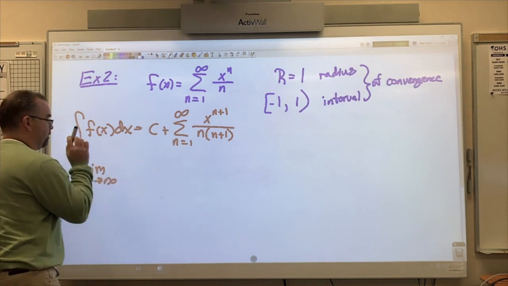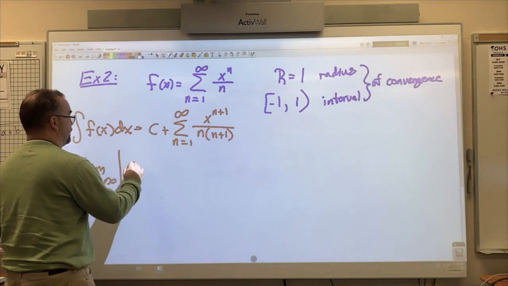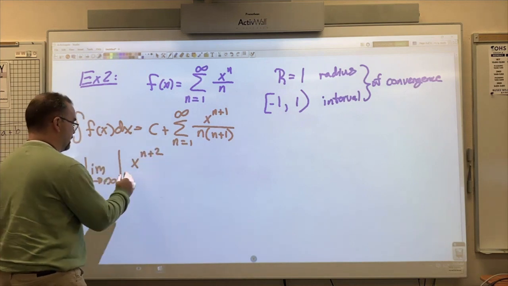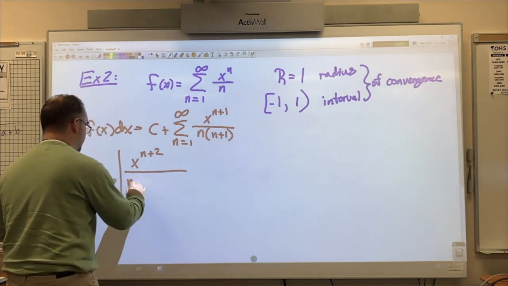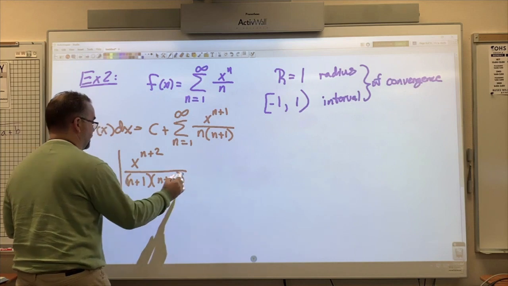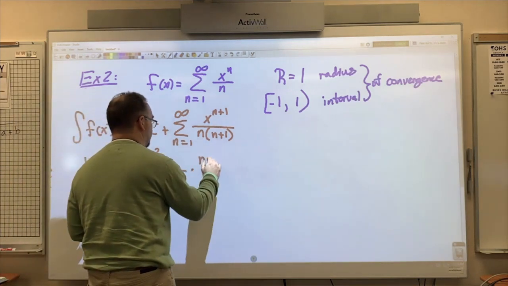There we go. And I'm going to add 1. So it's going to be x to the n plus 2, over n plus 1 times n plus 2. And I'm dividing, but I'm multiplying by the reciprocal, so you know the drill.